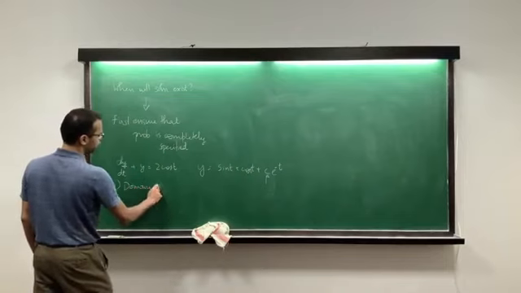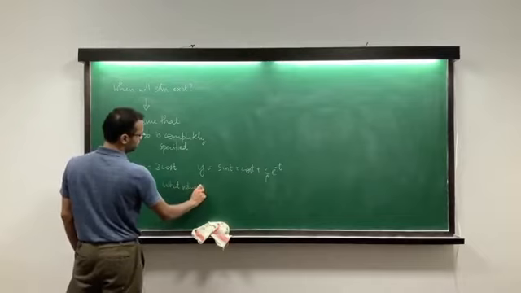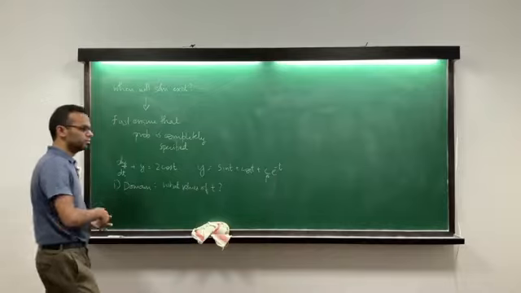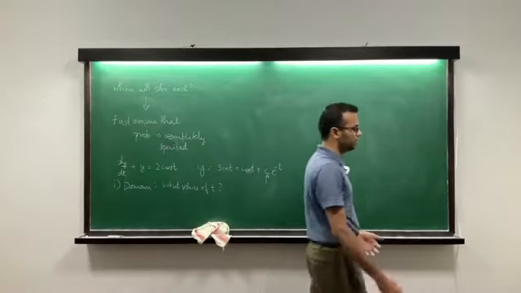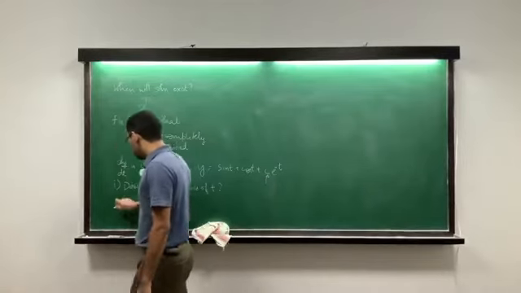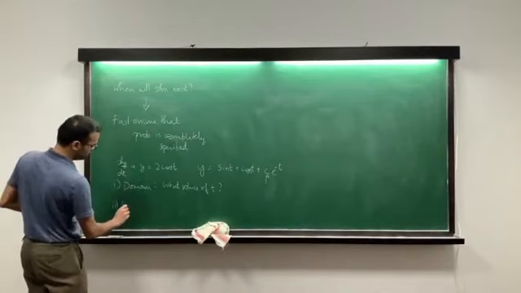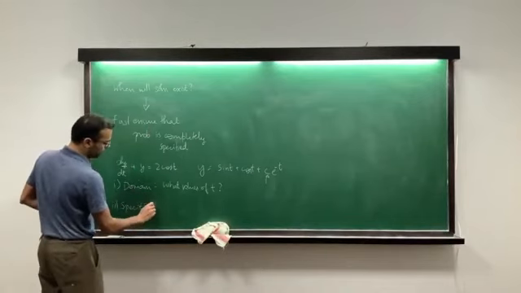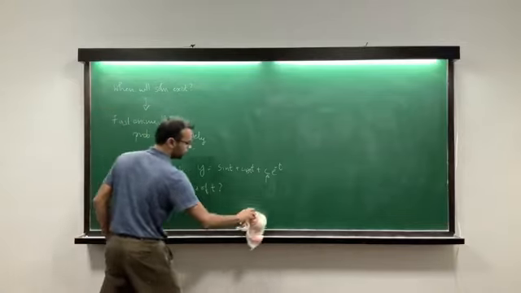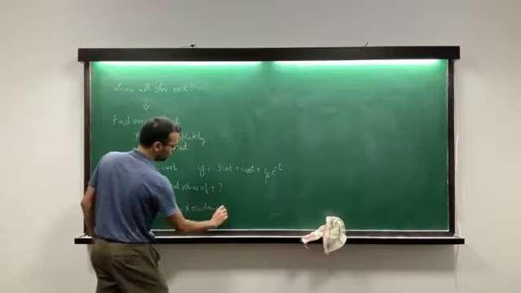So what do we mean by that? Domain is what values of t. So does it go from 0 to infinity, minus infinity to 0, 0 to 2 pi, whatever, right? That's the domain. And the second one is by specifying, for this equation, y at some point on the domain.